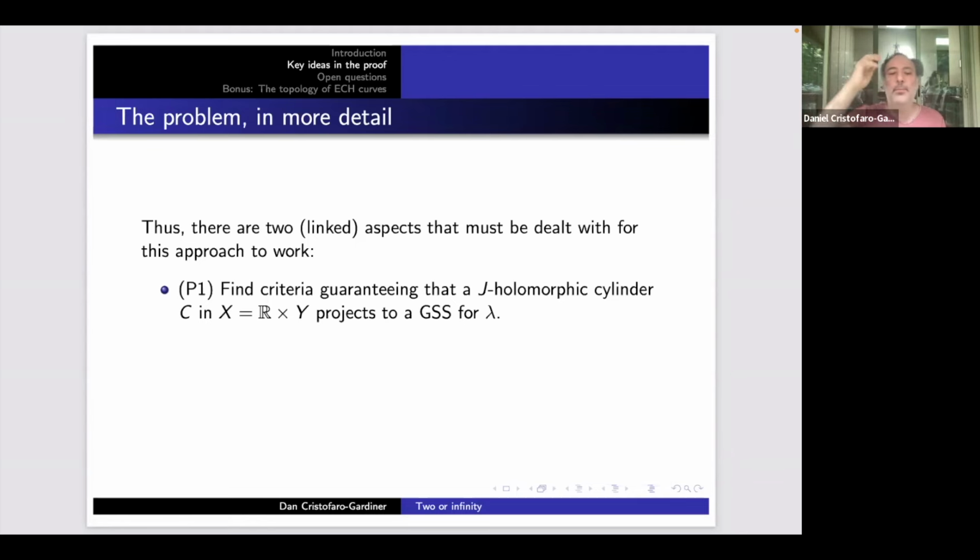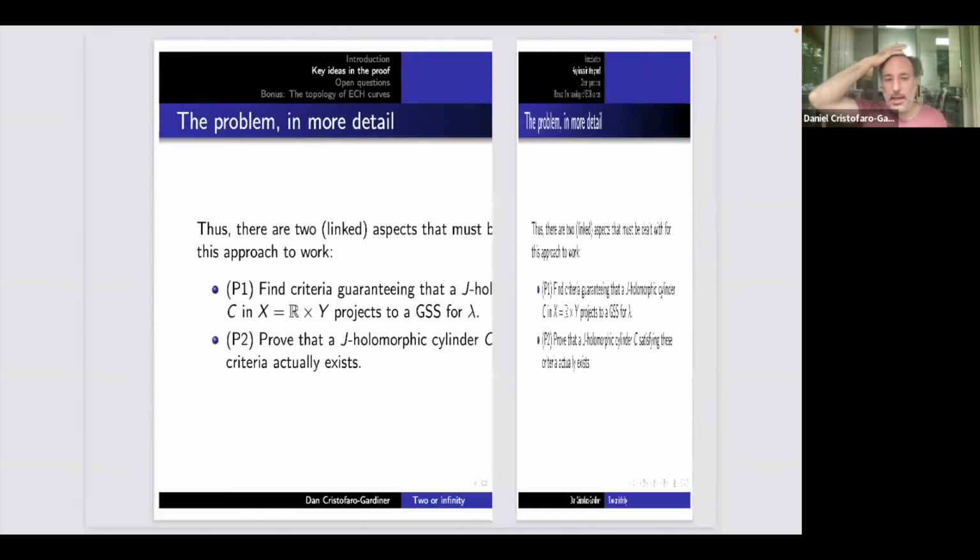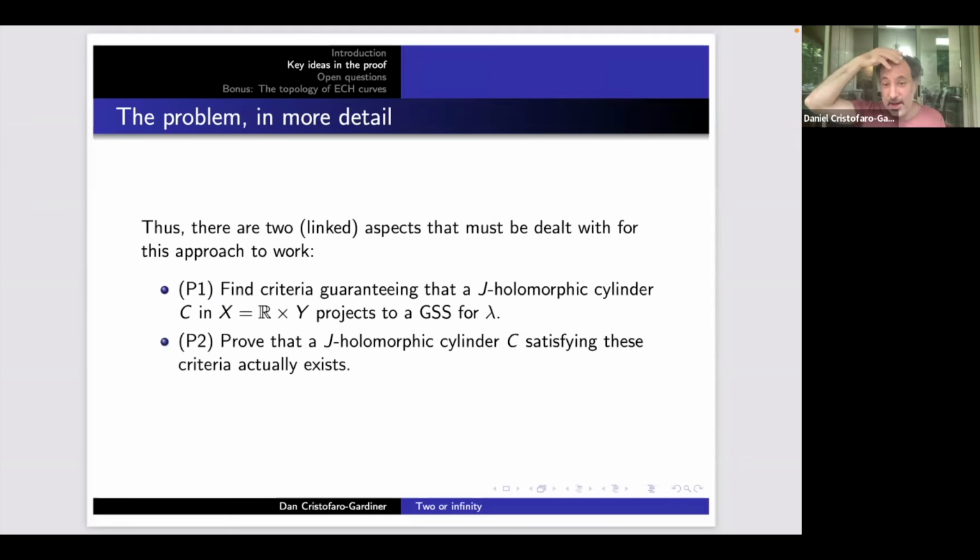I'm calling that problem P1. And then I also need to show that there actually is a J-holomorphic cylinder that satisfies these criteria, which also seems formidable because a lot of the tools we have for even producing J-holomorphic curves are in the non-degenerate case.